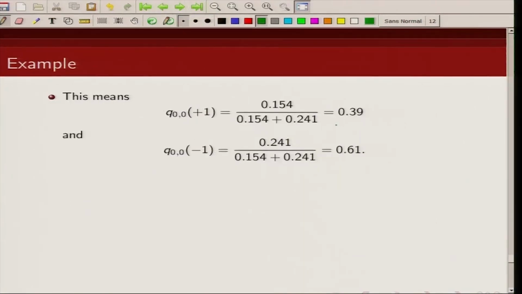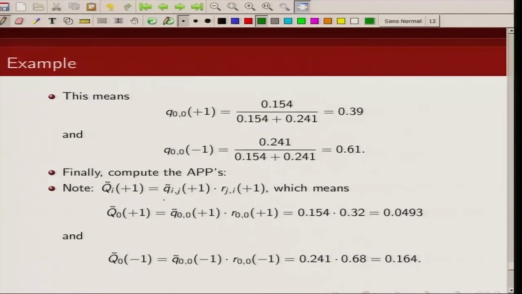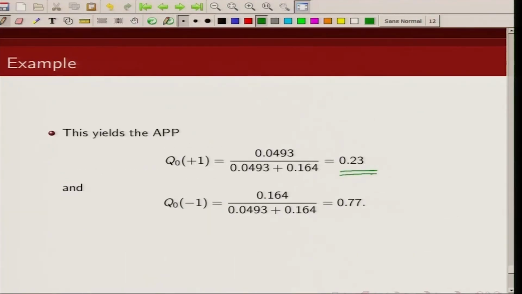So, if we normalize it, these are the probabilities that we are getting, right. And next, after we have computed one round of iteration, what is one round of iteration? You send these Qij's to the check nodes, then the check nodes give you back Rij's, you update your Qij's, and once you do that, you can then find out the a posteriori probability, which we have done here. So, the probability of it being 1, the probability of it being 0, and again you can normalize these probabilities. So, that comes out to be this.